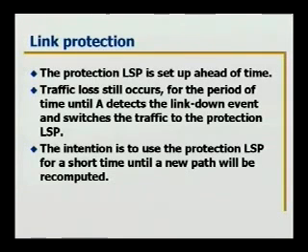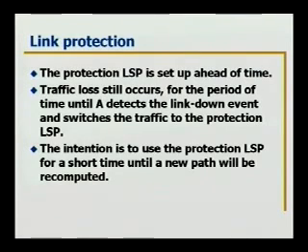For example, in the Juniper implementation of fast reroute, in the normal day-to-day cases, it can be done in 50 milliseconds, including the detection time. So you can see that with this kind of scheme, you can achieve very, very short amounts of traffic loss.